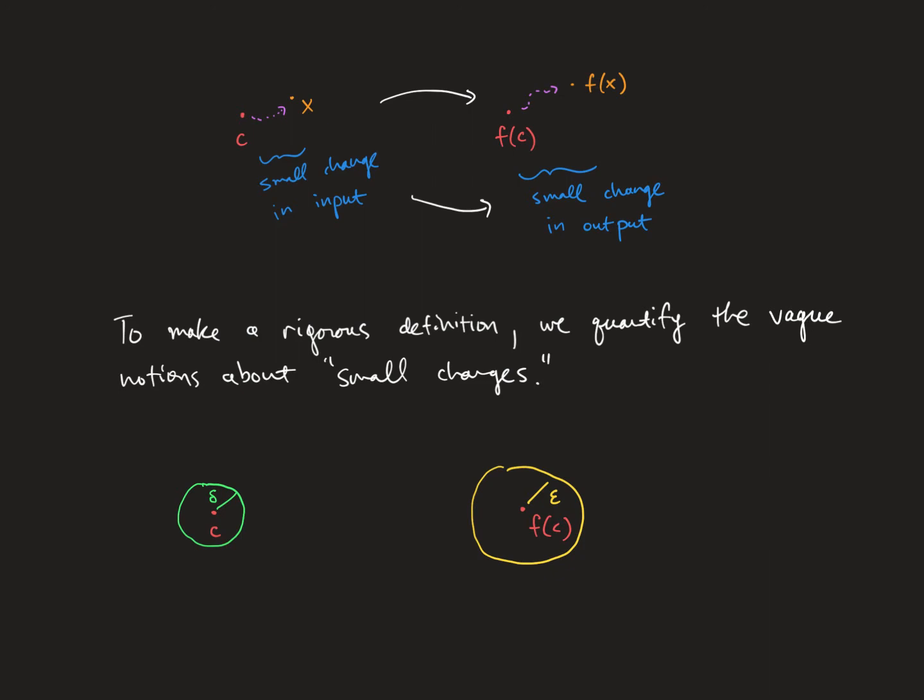So you kind of get a picture like this: function f takes this delta neighborhood around c inside of this epsilon neighborhood here. So this green here, that's like your f of the ball of radius delta around c.